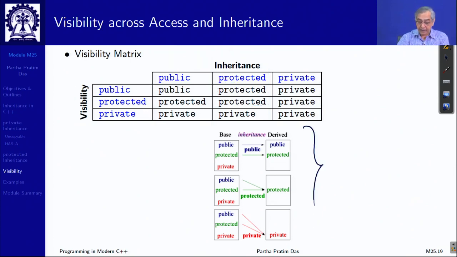You will find this in many C++ books. In early days, as I should say 20 years back or so, people used to spend a lot of time discussing this visibility restriction under inheritance, but I would not do that, because time has shown that these basically hardly have any use in C++.